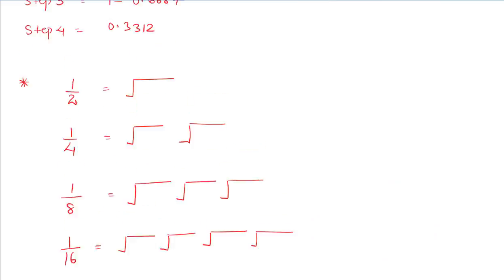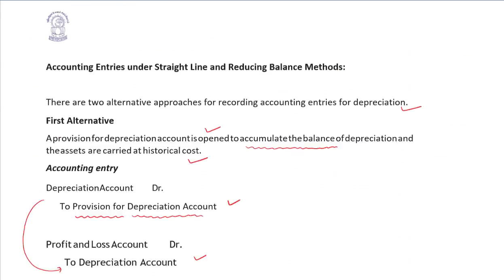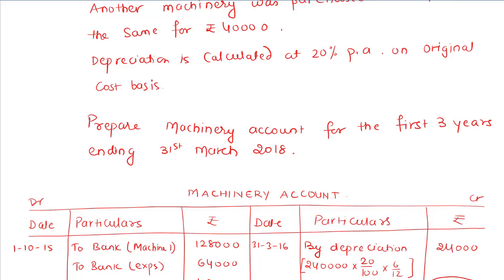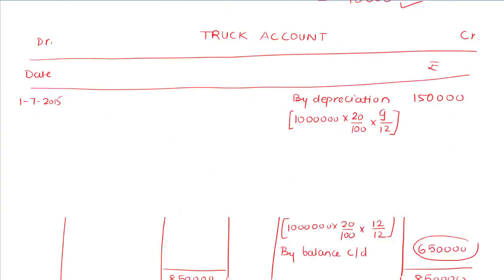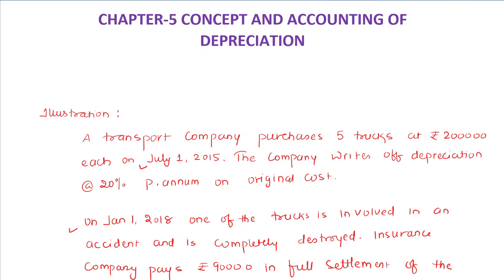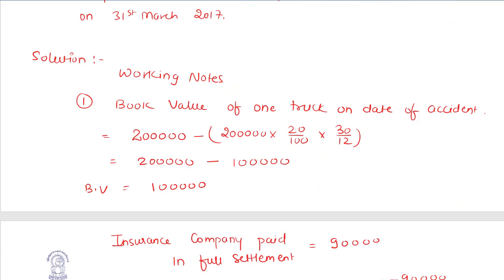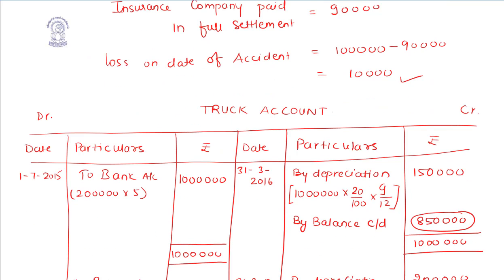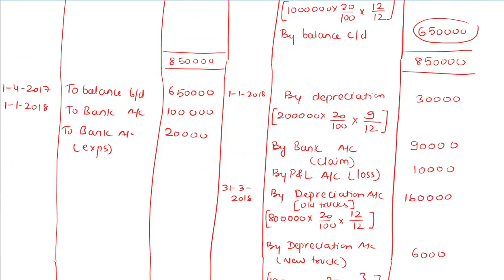So what we have learnt in today's class: we have seen a long sum in which the machinery account needs to be prepared using the SLM method. In this question, we prepared a truck account.